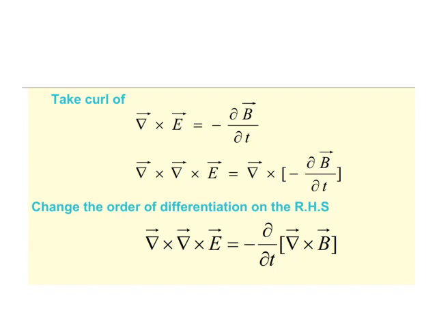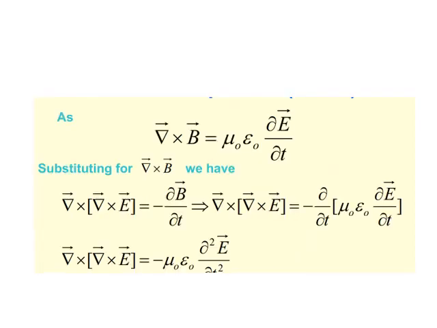So the right side becomes minus dou by dou t into del cross B. Here del cross del cross E results in minus del squared E. With minus on both sides, it becomes plus, so del squared E is equal to mu naught epsilon naught dou squared E by dou t squared.